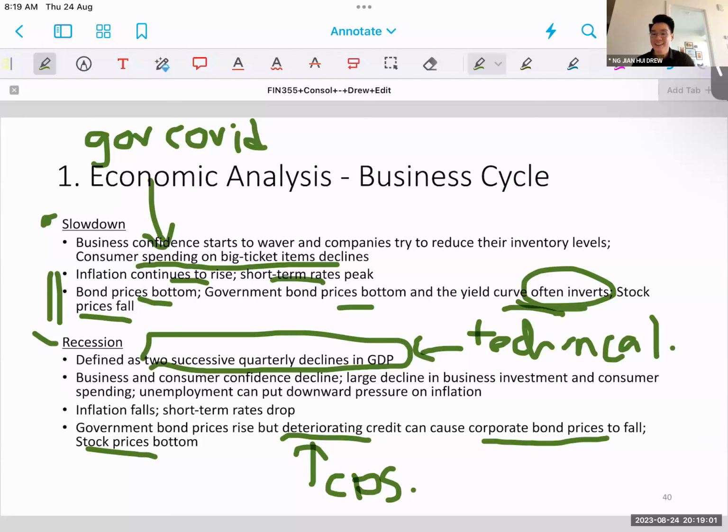Yeah, perfect. In the same sense, your credit default swap price would increase as well. And a lot of economists or people who study the market like to follow the credit default swap price.